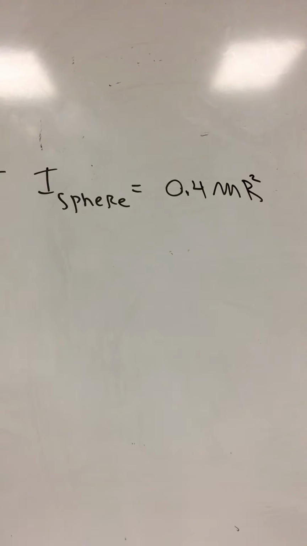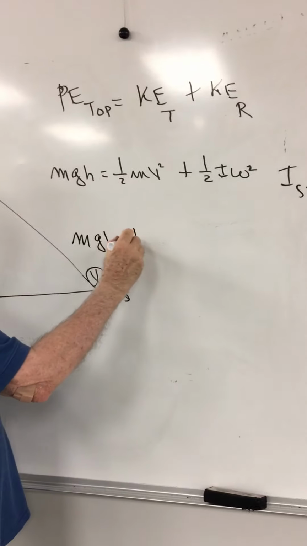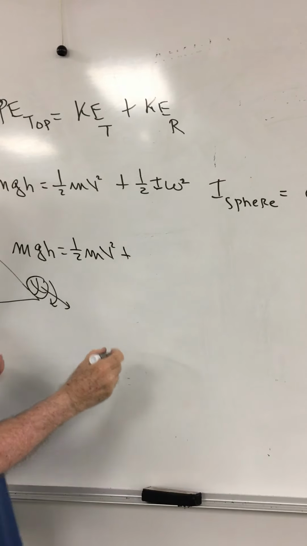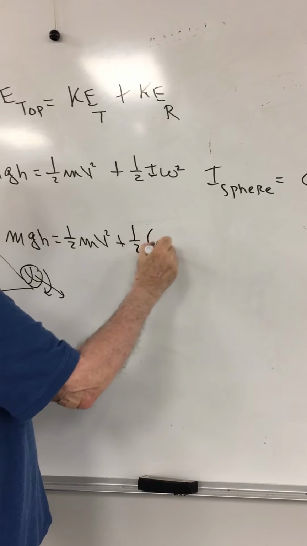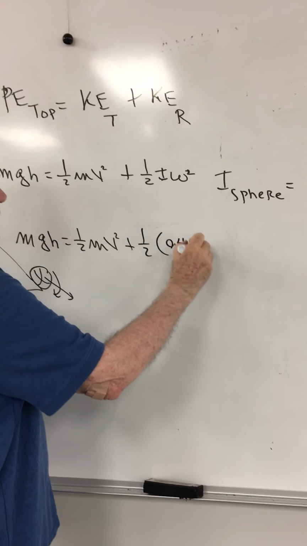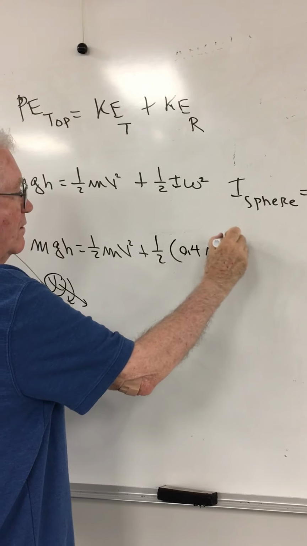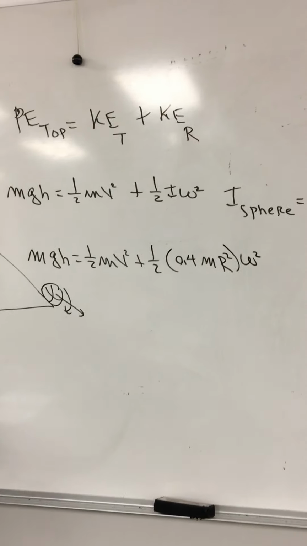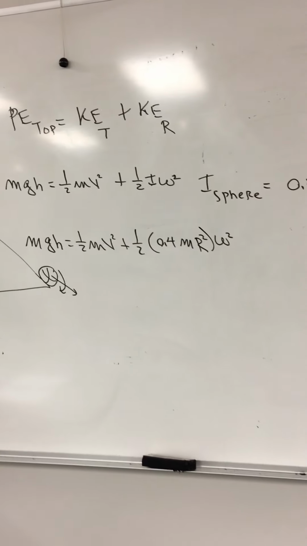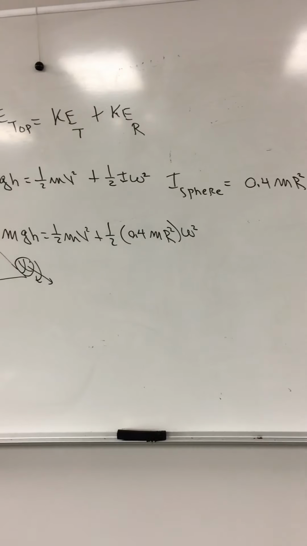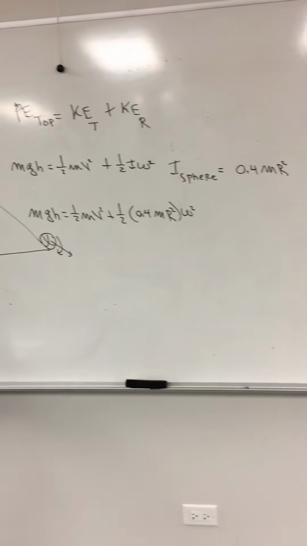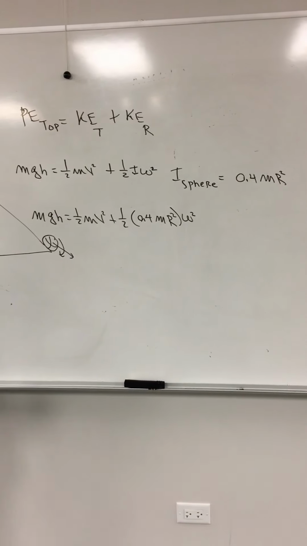So now I'm going to write this in: mgh equals 1/2 mv squared plus 1/2 times 0.4 mr squared omega squared. And this will be like problem 13 on page 8-16. But we're going to do the lab experiment in a minute. We'll see how that works out.